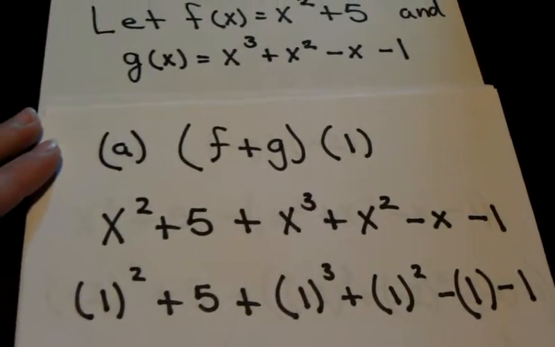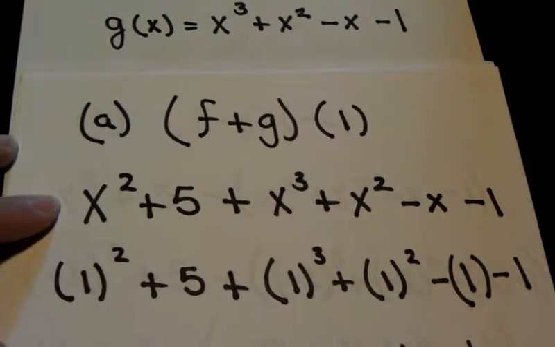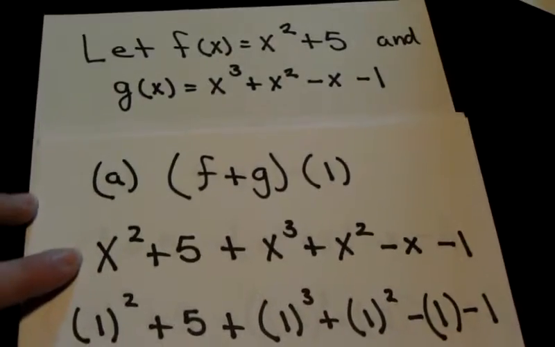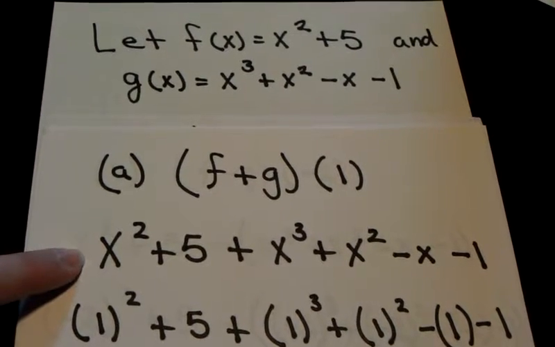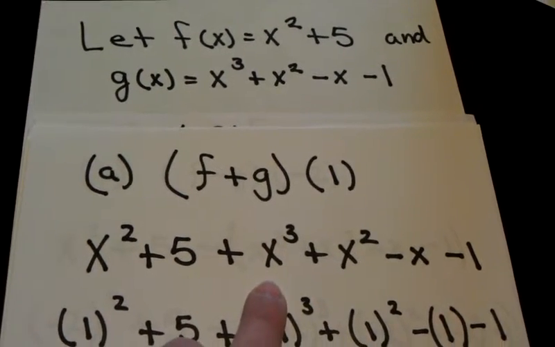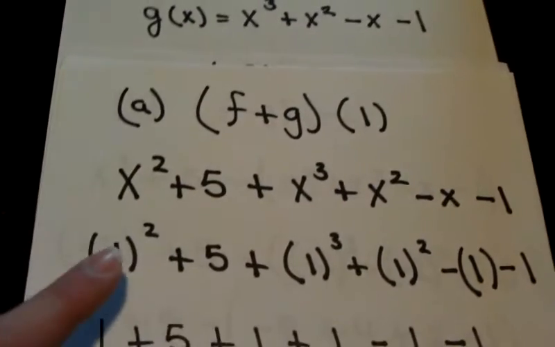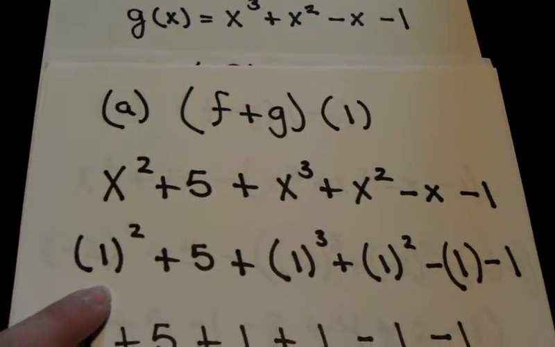Now, A, which is the f plus g with the input of 1, what you want to do is put your problem down. You have to have the x squared plus 5 plus the x cubed plus x squared minus x minus 1. And then you want to put your input into where each x goes.